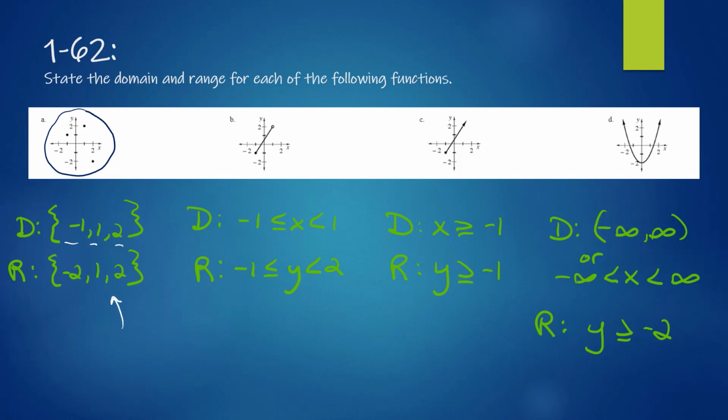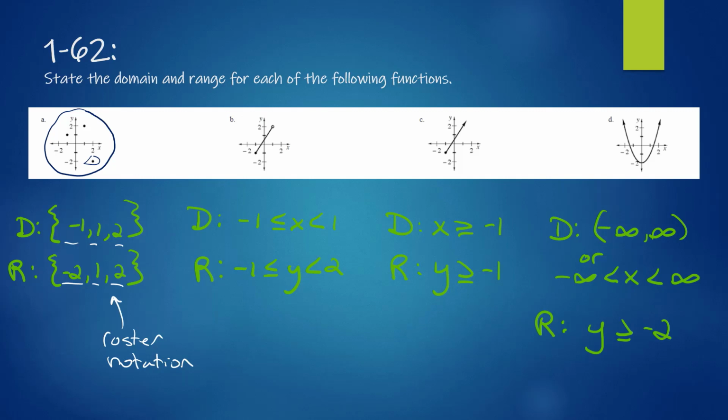This is called roster notation. I just put it inside curly brackets, and that lists out the set for domain and range for this particular problem. Same thing here, I look at the range, and I'm looking for the lowest value, which is down here. So that's -2, and then the next one up is 1, and then I've got 2. So that takes care of those.